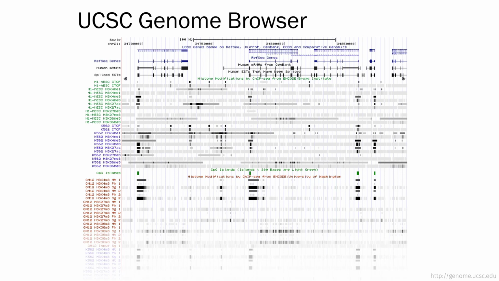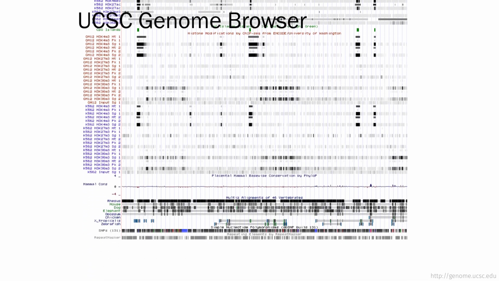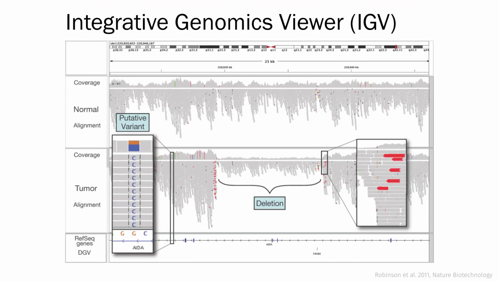Do I have an example for this? Not in here specifically, but I think if I show you, yeah, for example here, this is an example where the tracks are plotted on top of each other. So you have two types of data here. This gray line at the top is just the read depth, how many reads map to this position.